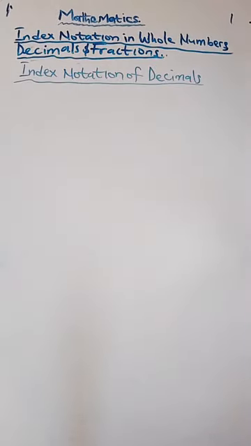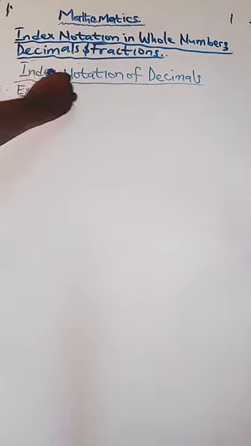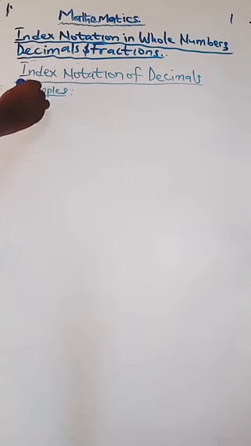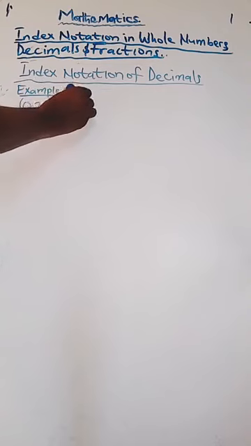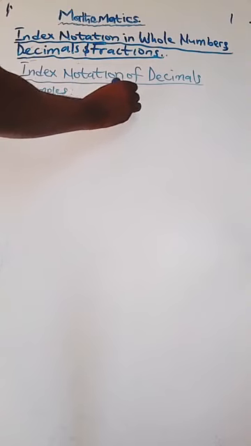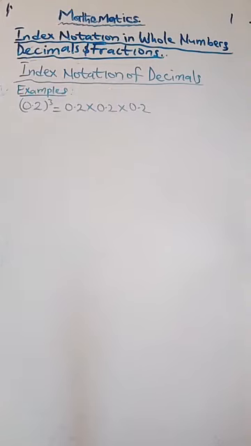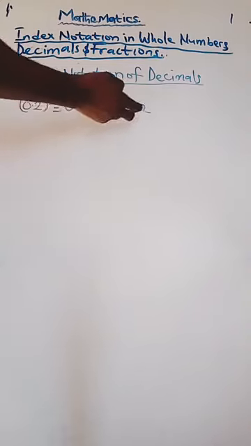Now, let's look at index notation of decimals. Let's say you have 0.2 raised to power 3. It's the same thing as 0.2 times 0.2 times 0.2. Alright? So if you want to multiply, you can remove the decimal point first.